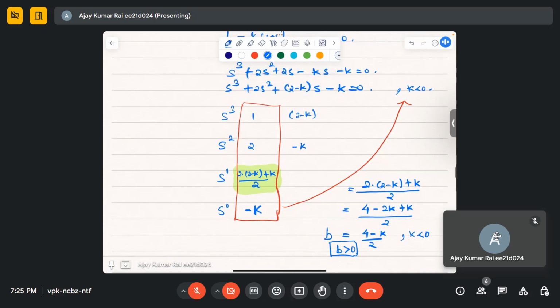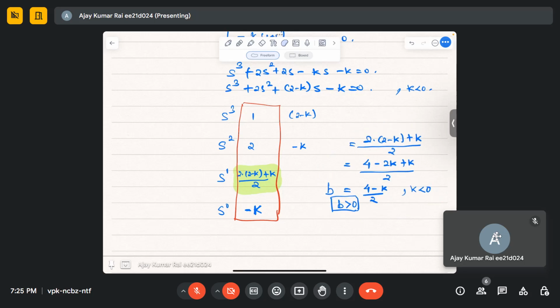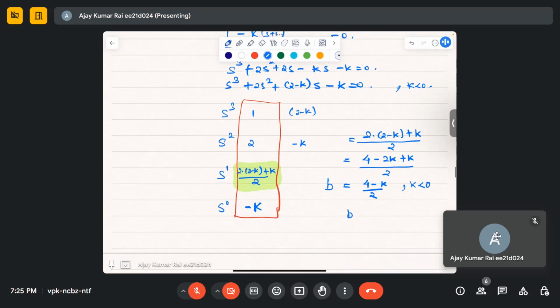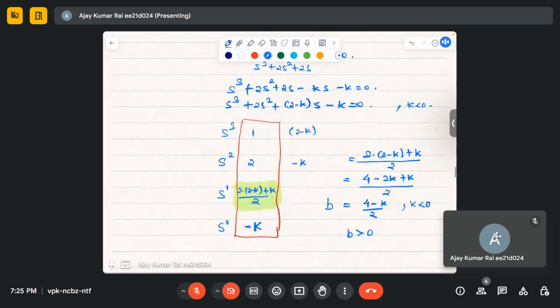You just see this equation, so let me write it clearly here. So b will be greater than 0, right? All the coefficients of this column will be positive. Minus k, where k is negative: minus of a negative number is a positive number.